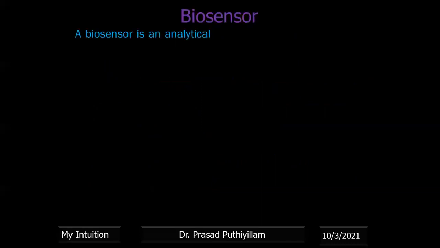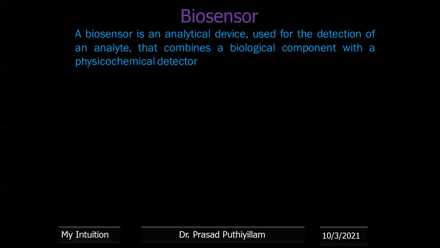Next one, biosensors. It is an analytical device to detect the analyte. Analyte means the one which you want to analyze. It is a combination of a biological component with a physico-chemical detector. Physico-chemical means it includes the concepts of physics as well as chemistry. So biology, physics, chemistry, all these concepts are combined and prepared as a sensor.